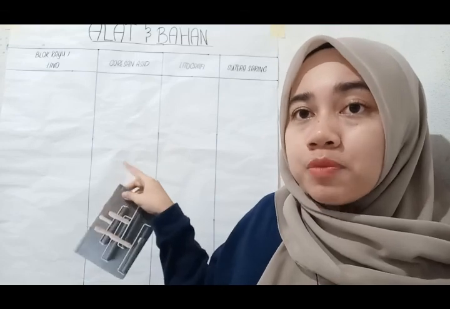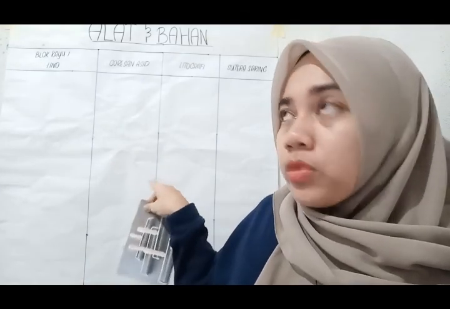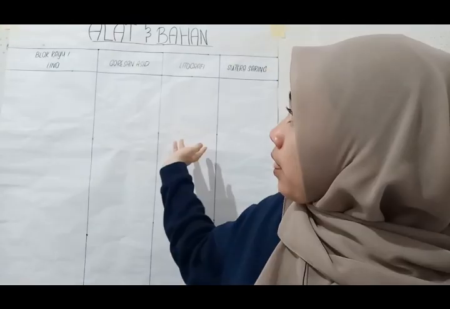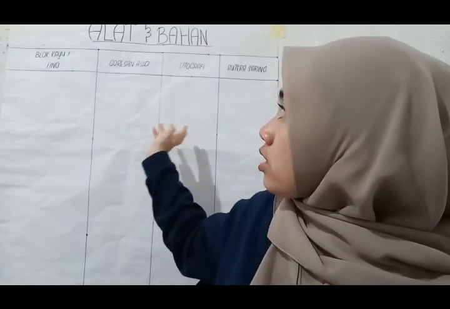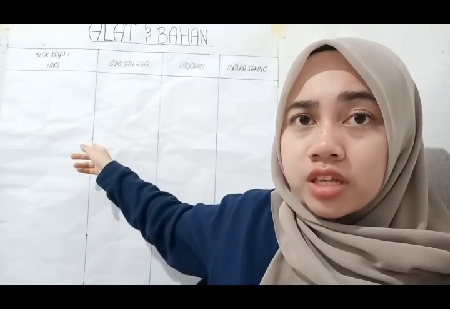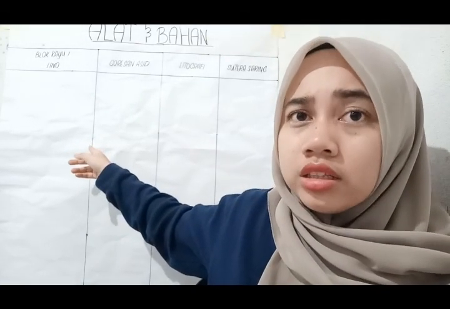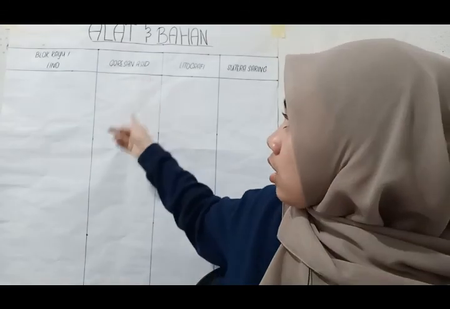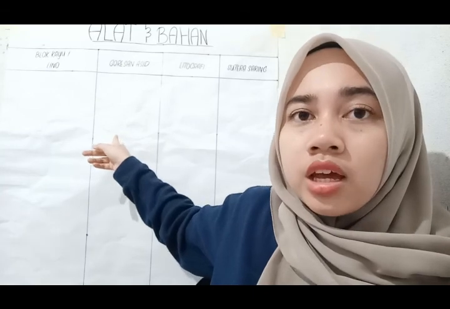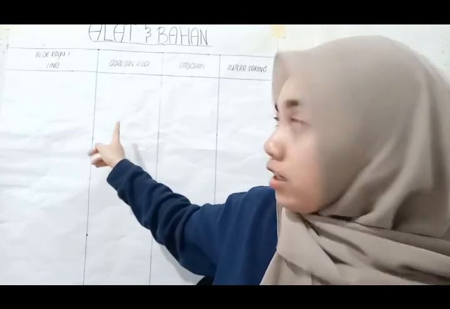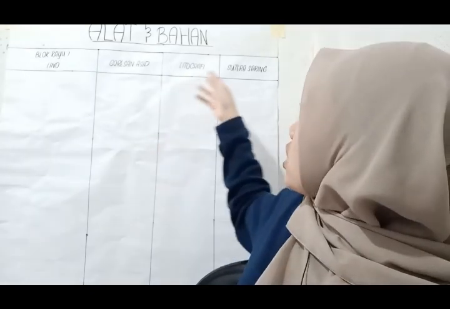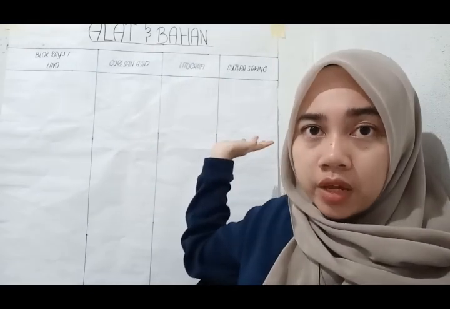based on the types of printing. Here we have 4 columns of types of printing: block kayu or lino, which is the same category as cetakan timbul; the second one is goresan acid, which is intaglio or etching; the third is lithography; and the last one is screen printing.